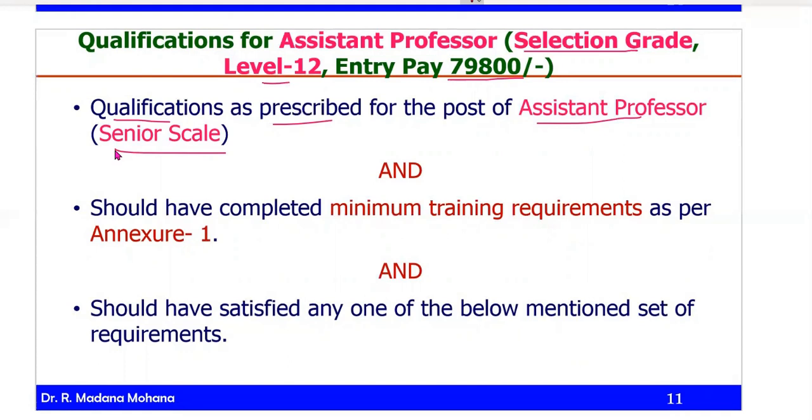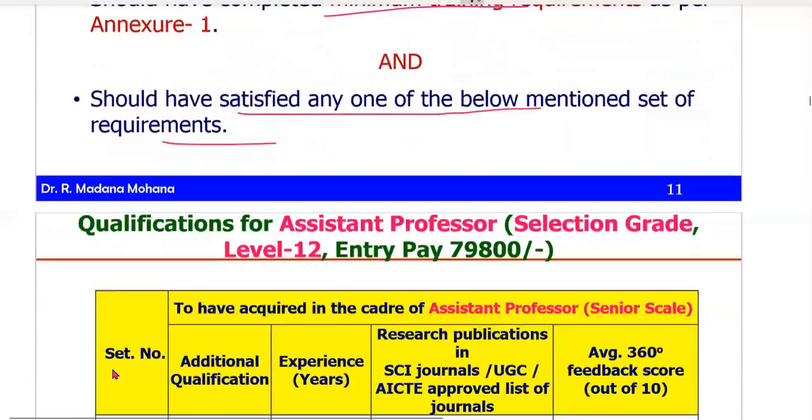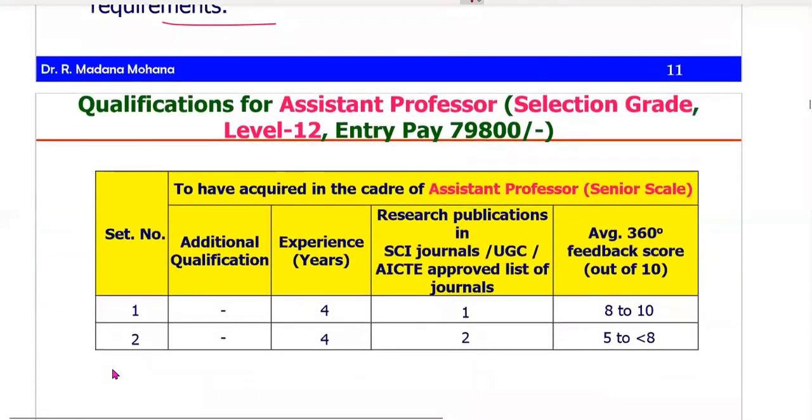Then in addition, same as assistant professor senior scale, minimum training requirements need to be satisfied and satisfied any one of the below mentioned set of requirements. So here 2 sets of requirements are given. So set 1, total experience 4 years, then 1 publication minimum in SCI journals or UGC or AICTE approved journals.